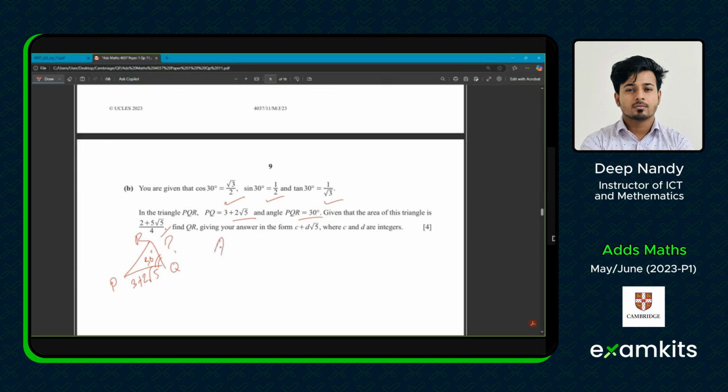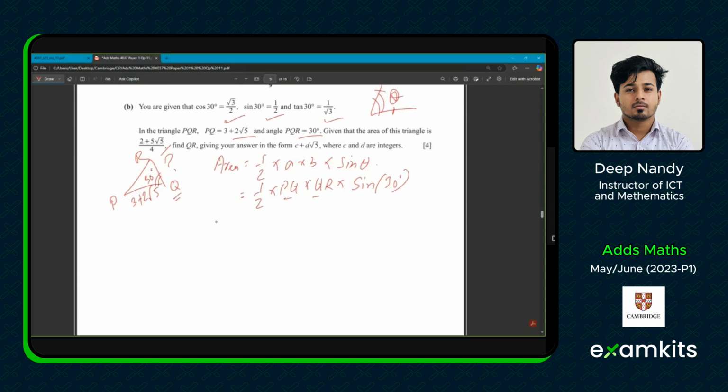So the area of a triangle is half a into b into sine theta. For this particular triangle, we write half into PQ into QR into sine 30 degrees. You might ask why PQ and QR, not PR: in forming the area, for the angle that has been defined, we take the lengths beside it, not the opposite one.